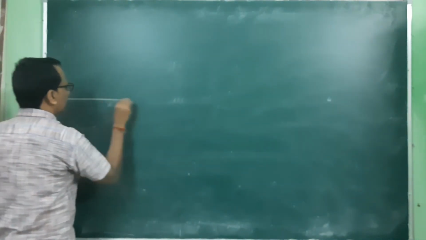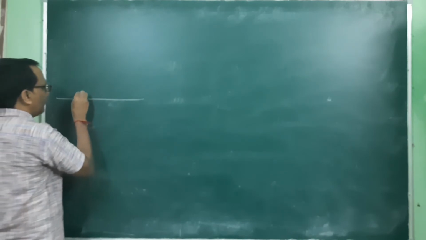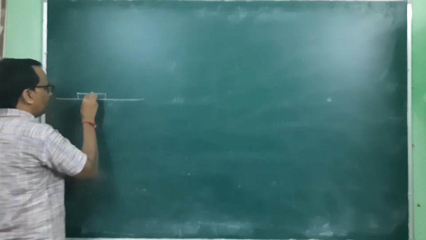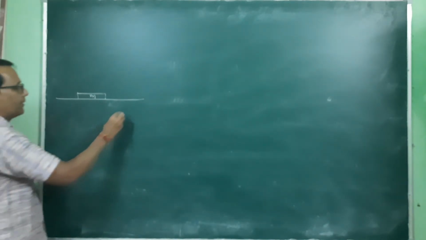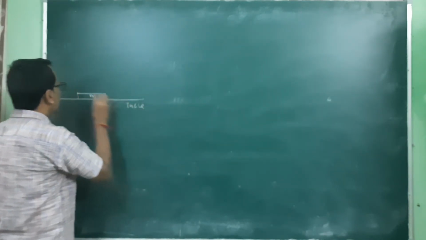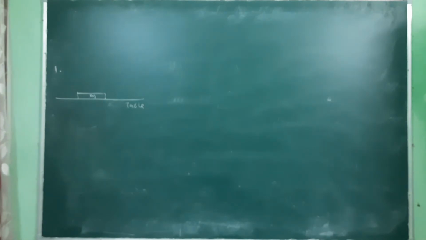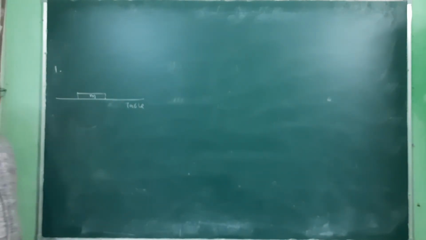This is a table, and one block or one book is here of mass m. टेबल है, टेबल पे बुक रखा हुआ है. Example number 1. इसका free body diagram we have to draw.